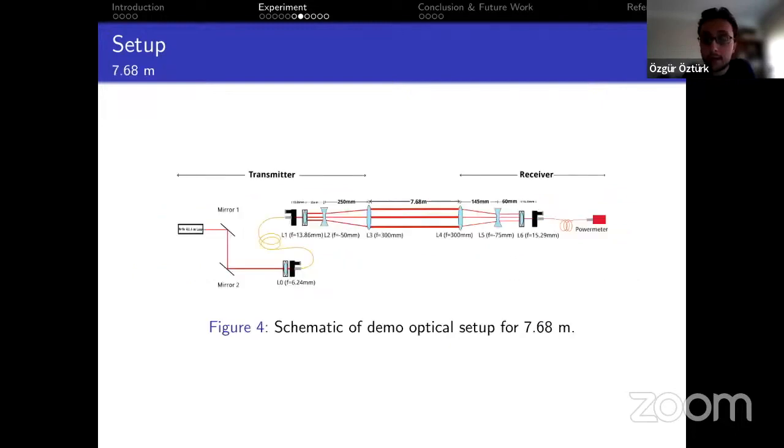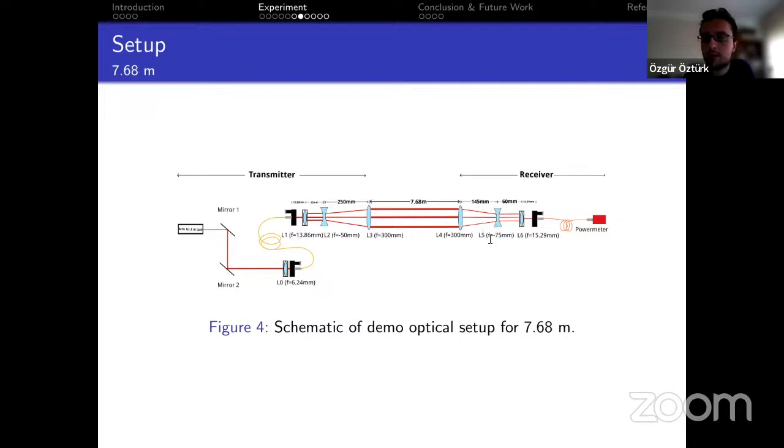Just to test the beam expanders, this is not a QKD system. In the transmitter part, a helium neon laser is coupled to fiber, and it's expanded by a Galilean configuration, and the distance is 7.86 meters.